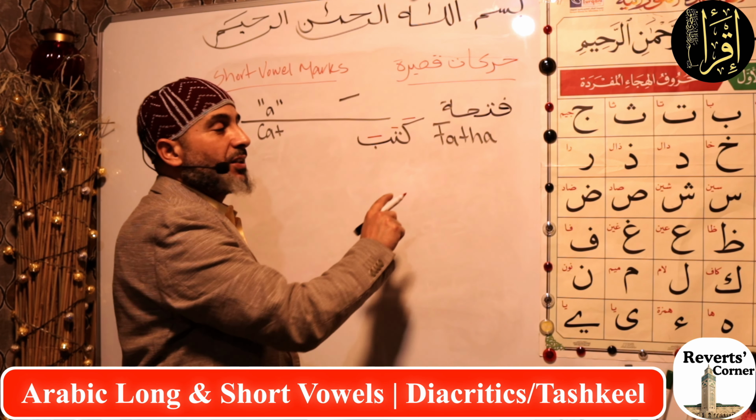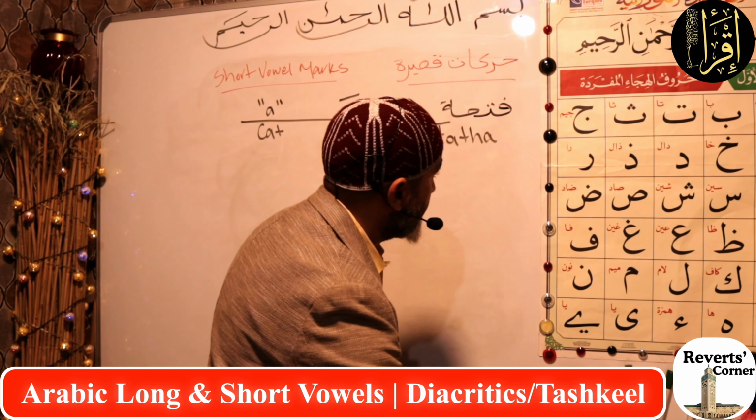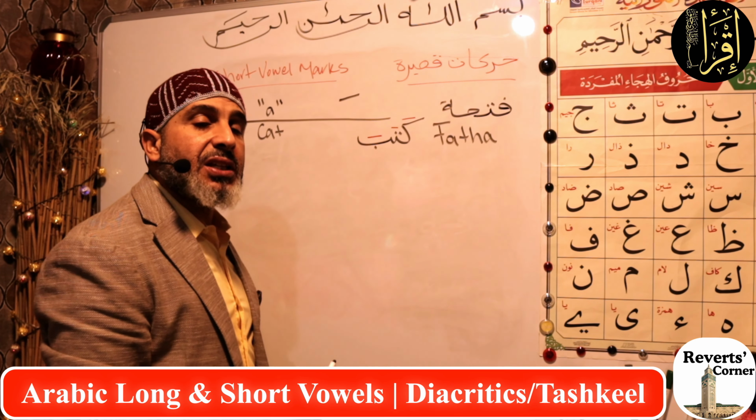Ka, ta, ba. Now, the next haraka or short vowel is Damma.